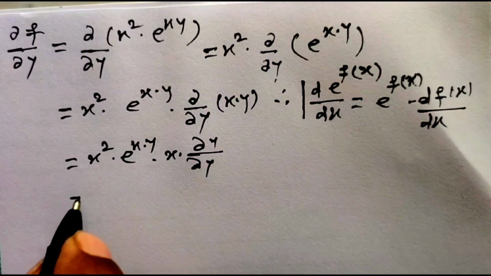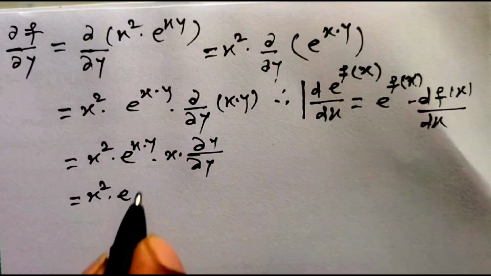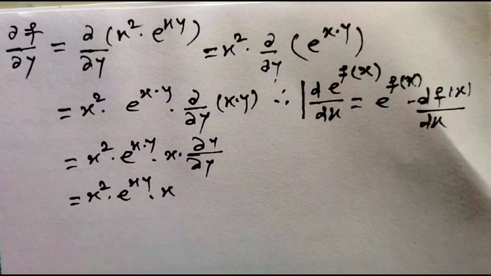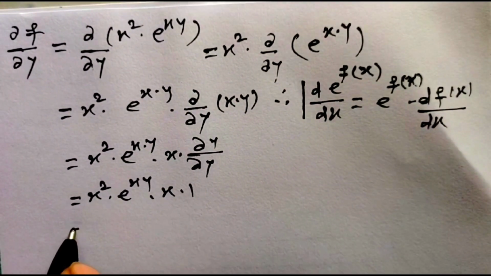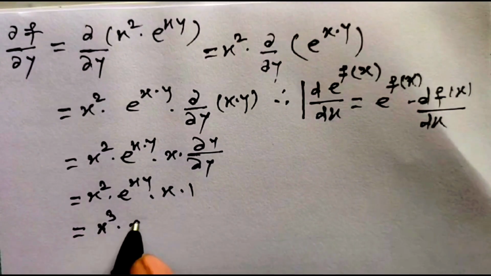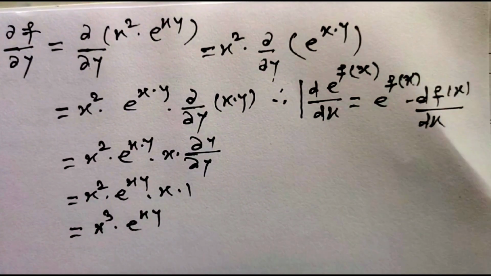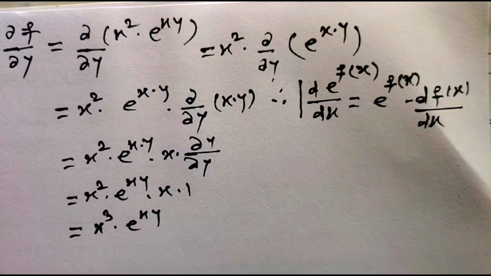So this is equal to x square into e to the power xy into x into this 1. X square into x is x cube, so this is equal to x cube into e to the power xy. This is the partial derivative of f with respect to y.